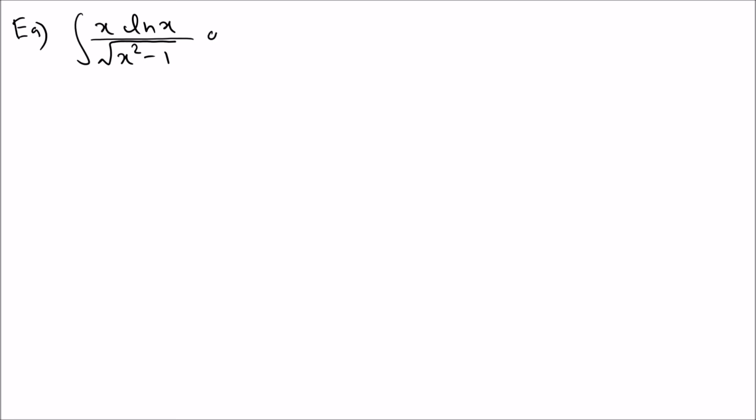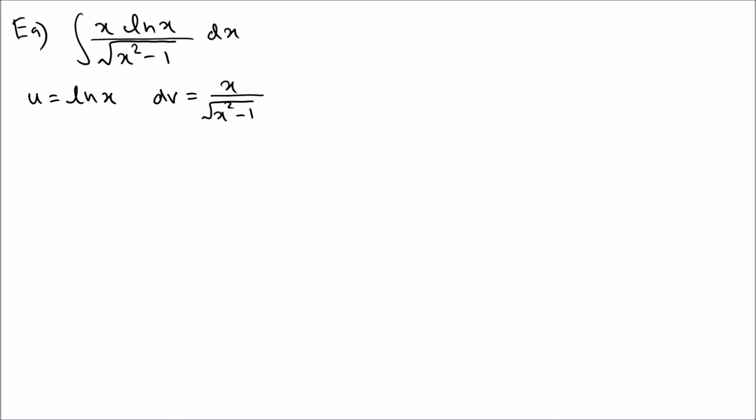If we get a problem like that, you can notice something here. We have ln x here and also x squared minus 1. So if you pick u equal to ln x, and dv as the rest of the function, that means x over the square root of x squared minus 1.